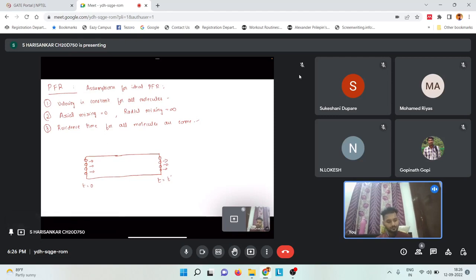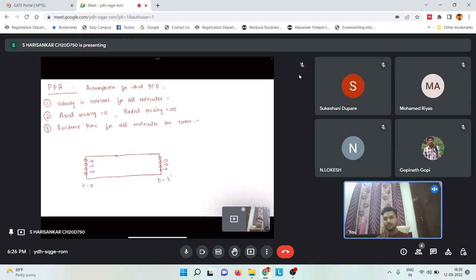That means all these molecules are traveling at the same velocity throughout the PFR. The residence time is the time during which the reactant molecule stays inside the reactor. This time is the same for all these four molecules. So that is the first and third assumption.